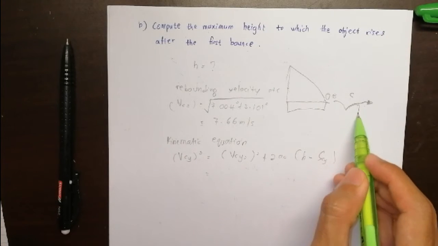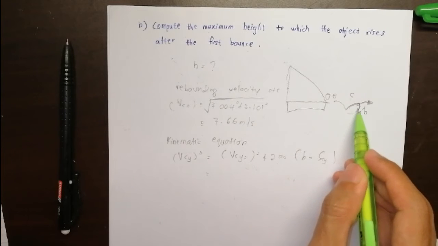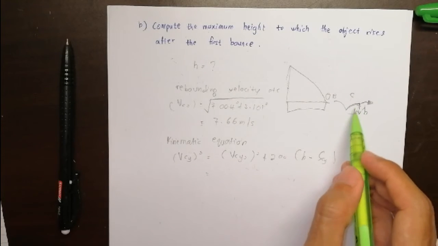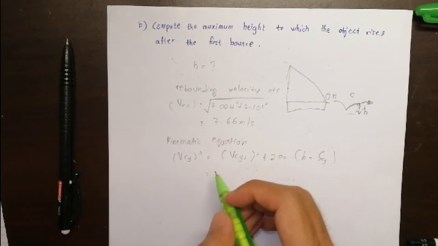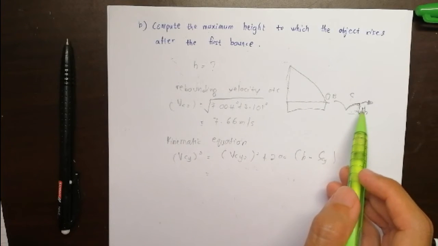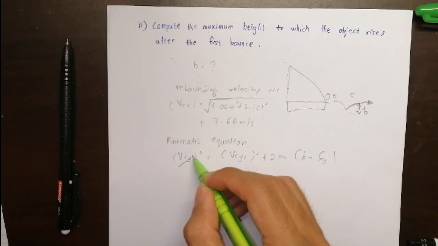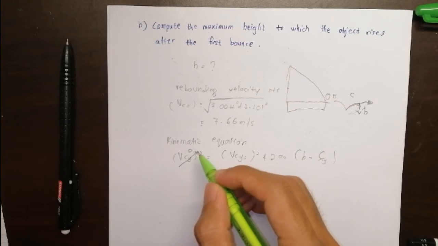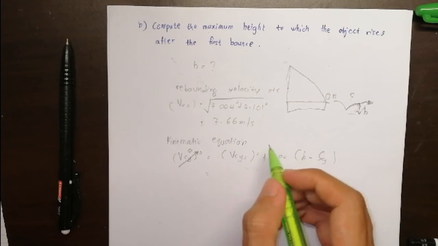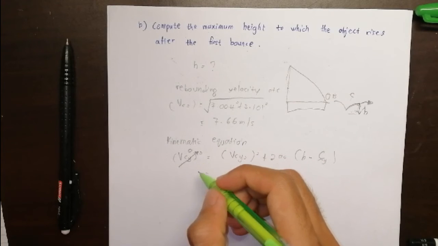H is here, the distance from the ground to the maximum height that the ball can reach. When the ball is at its highest position, the velocity is automatically 0, and we know that the potential energy is at max.